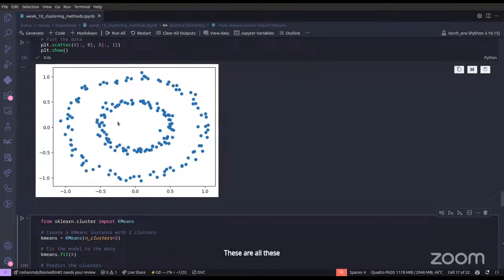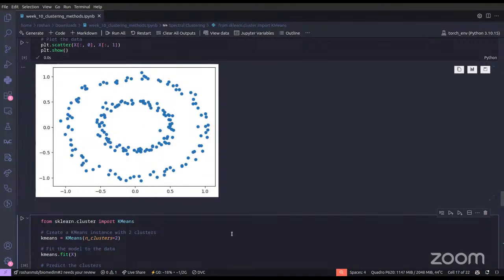These are called concentric circles. There are two clusters, right?